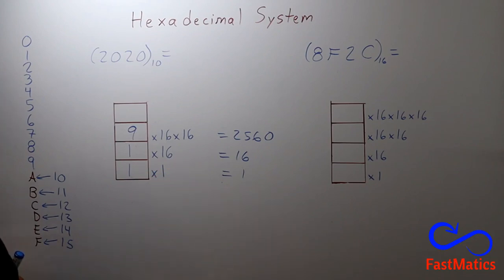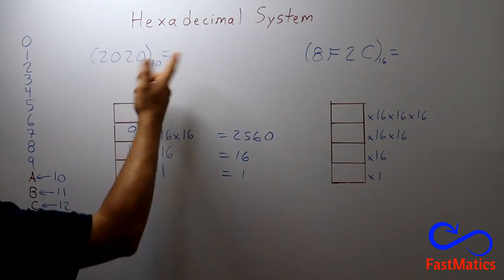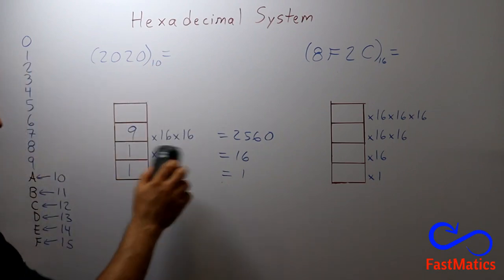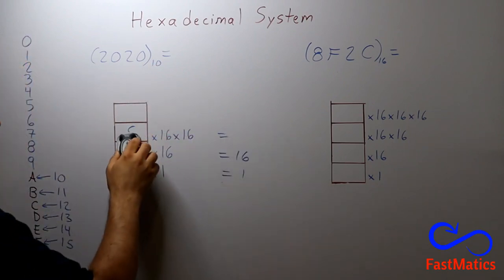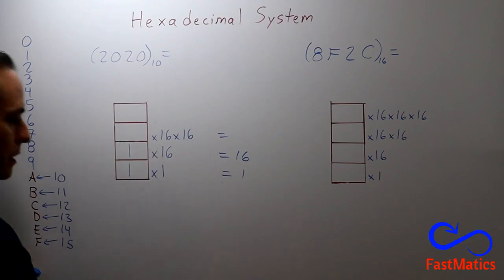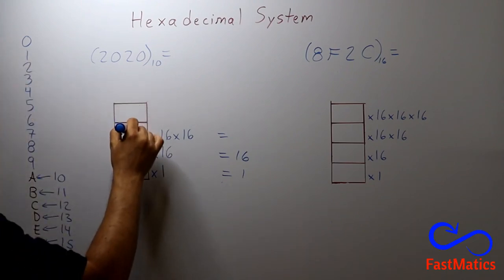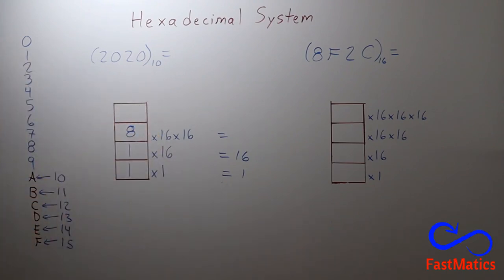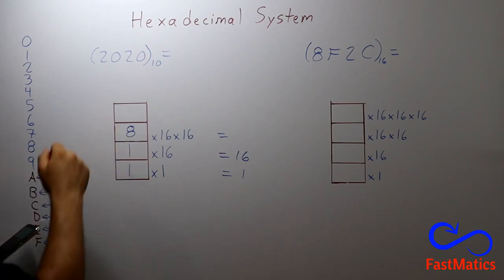So it is bigger than 2020. It is not possible. So I'm going to try with 8. 8 times 16 times 16 is 2048. It is not possible because it is bigger.